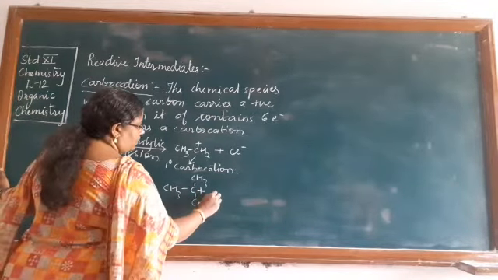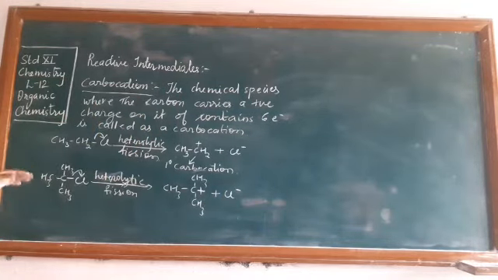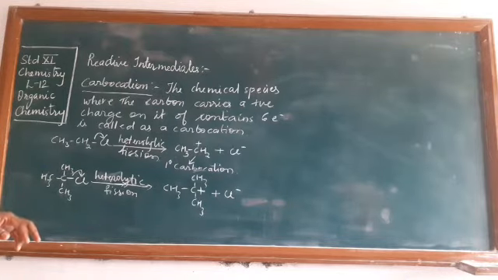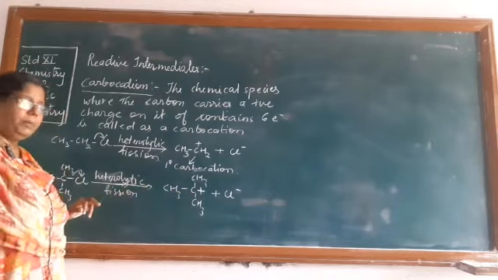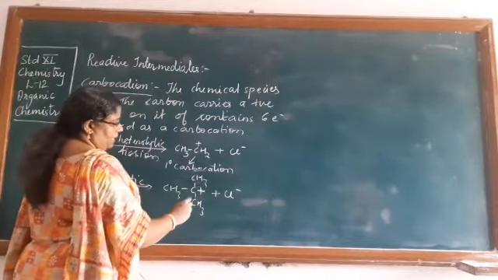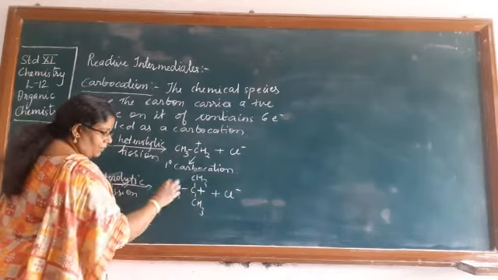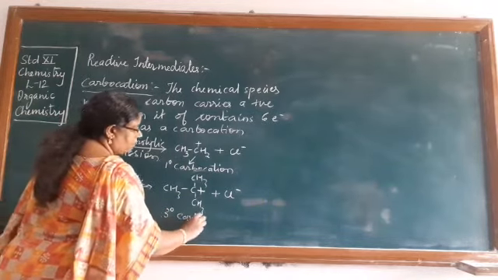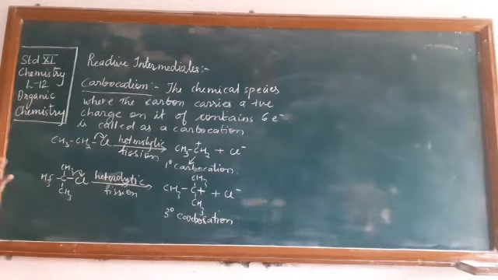So here you will find that the carbon with the positive charge is bonded to 3 other carbon atoms. तो ये जो कार्बन एटम है, this is now tertiary carbon. Therefore, we will call this as the tertiary carbocation. This is called as tertiary carbocation.